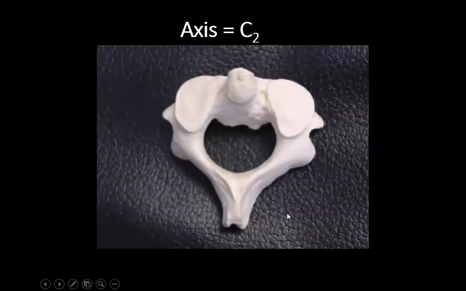And here we see C2. This is the axis. And there's the dens, or what we also call the odontoid process. That sticks upward in the anterior position on the axis, and that structure functions like an axle to allow our skull to rotate, to turn left and right.